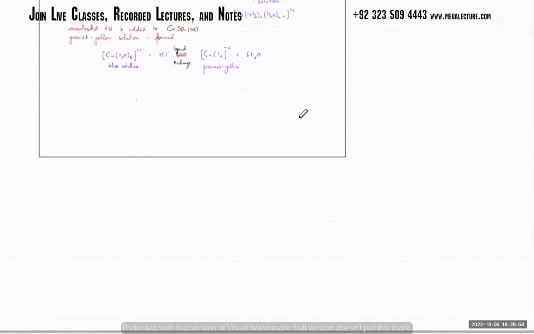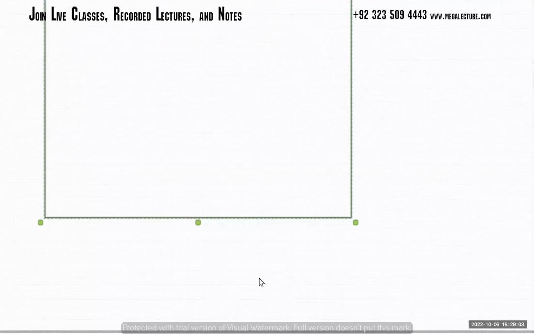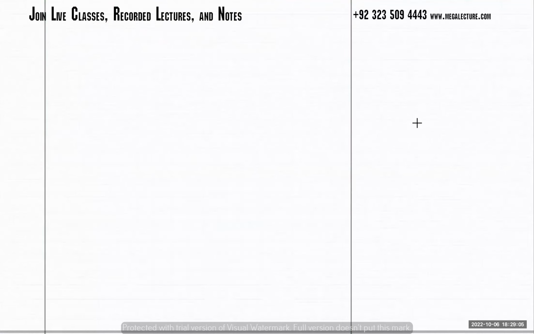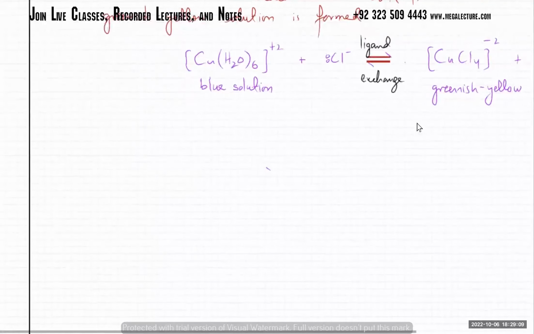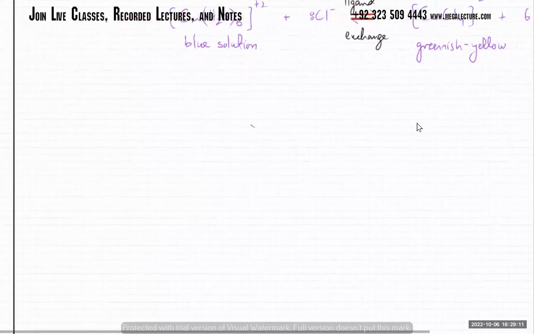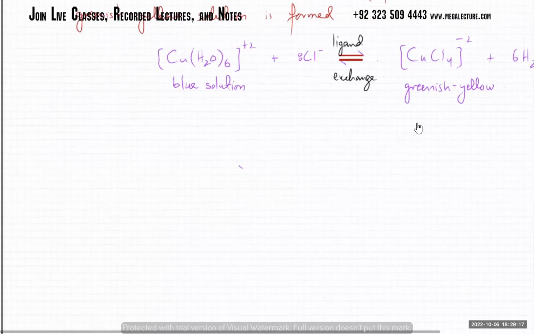ठीक है, now so that's one thing. We're done with colors and we're done with ligand exchange. Now since we are talking about ligand exchange reactions, there's a thing called stability constant. One more thing about these reactions is that they are reversible reactions.